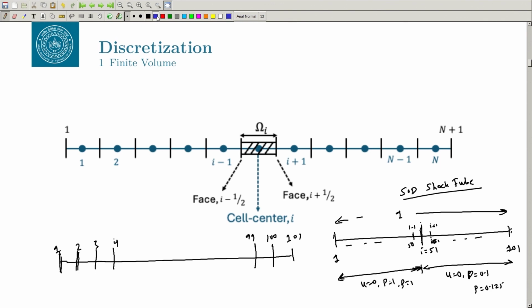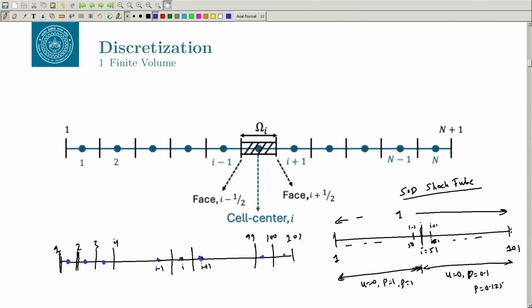So, you will have a cell center here. This is I, around I you will have faces here, and then you will have I plus 1 and I minus 1. Immediately see that the number of cells that you have, actually in the 1D case, is 1 less than your number of edges.